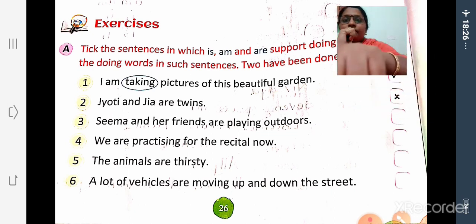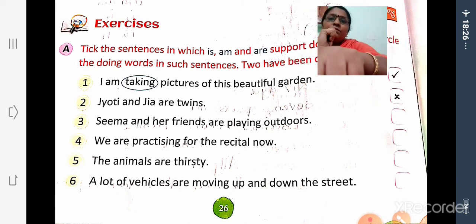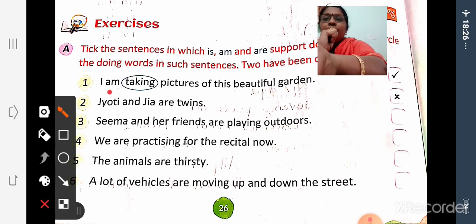Okay. I am taking pictures of this beautiful garden. So here we can see a helping verb, am is there, then take plus ing. Second sentence, Jyoti and Jia are twins. So no verbs here. Okay, no doing words here. Then Seema and her friends are playing.